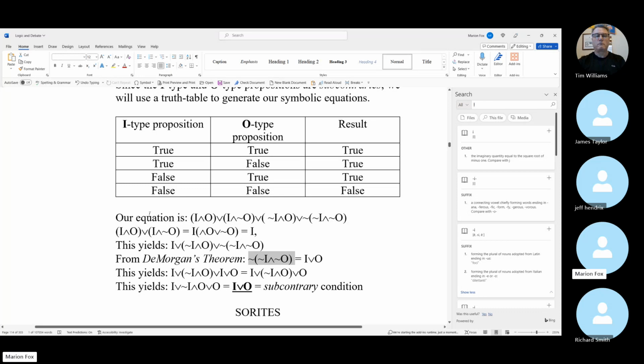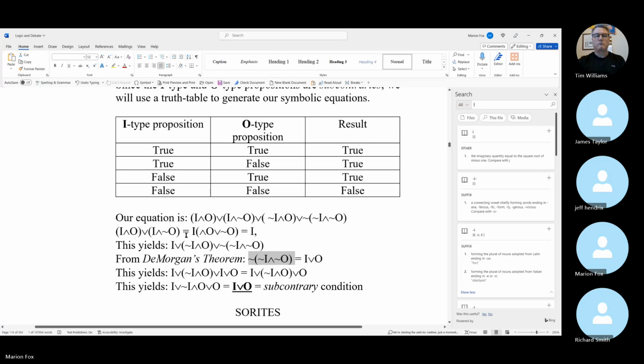So now we have an I or this term here, or I or O. Well, the two I's combine and the O's combine, the I not drops out. We can show that if we learn more of the rules. And so we get I or O when we get through.